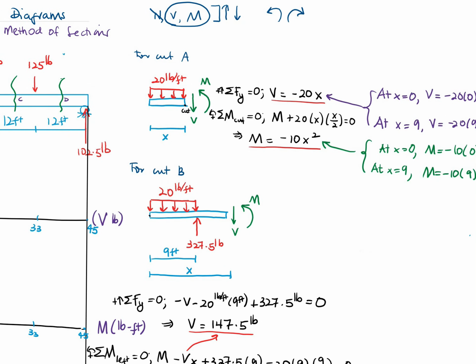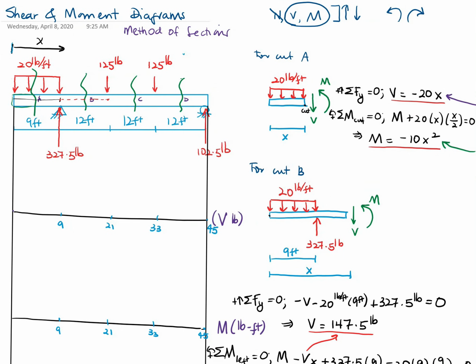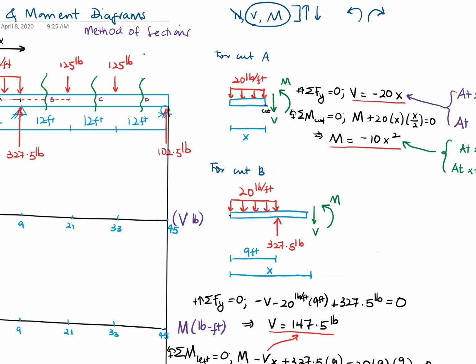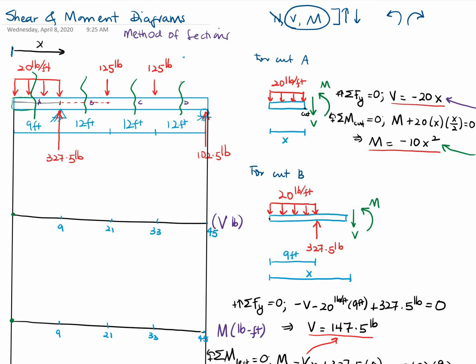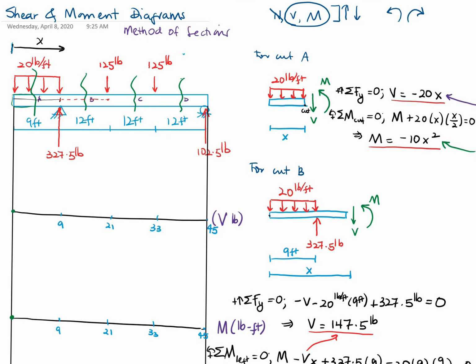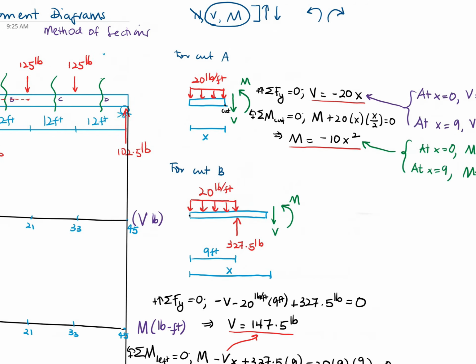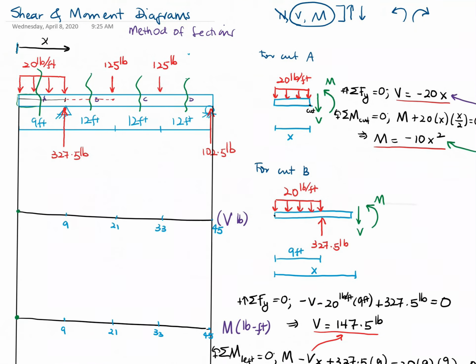Come back to this drawing. I know at x equals 0, V equals 0, so we go straight to right here. And at x equals 0, M equals 0, which is right here as well. Alright, so then the next extreme, at x equals 9, V equals negative 180.